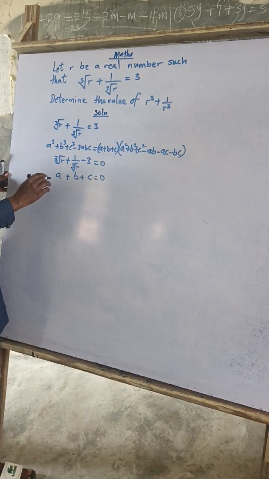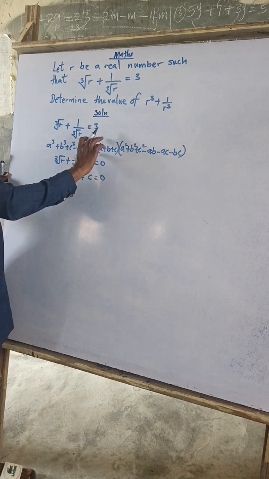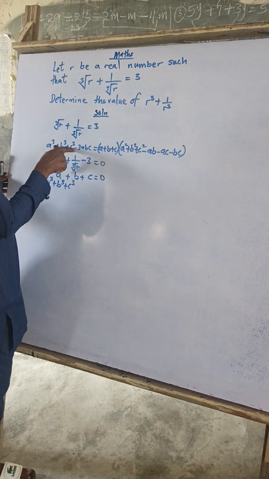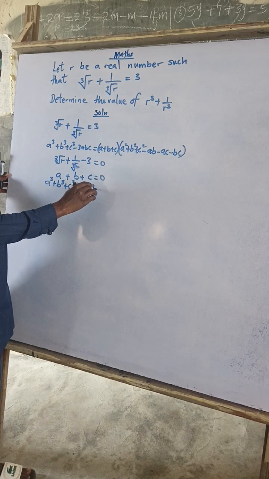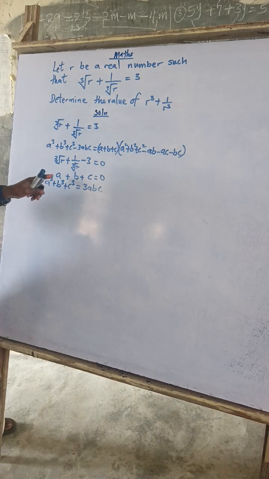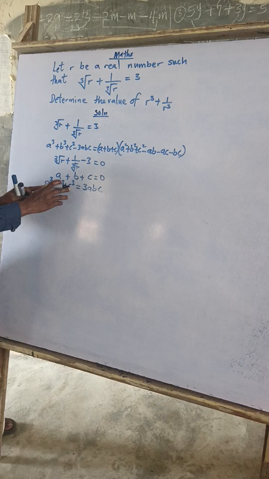This leads to A cube plus B cube plus C cube. Since the right side turns to 0, we take minus 3ABC to the other side. That is, we have 3ABC. Now, since A equals this, B equals this, and C equals minus 3, we substitute into this equation.